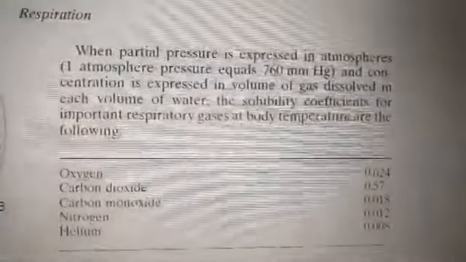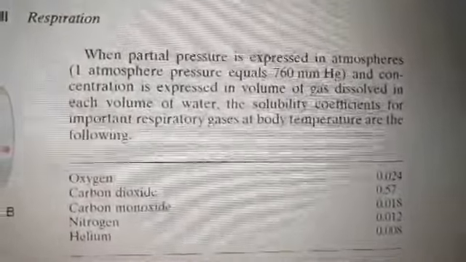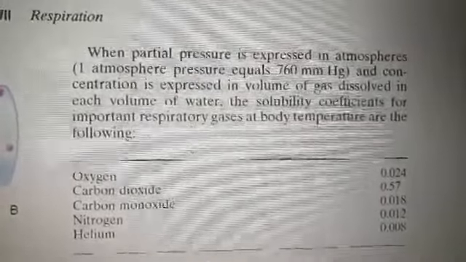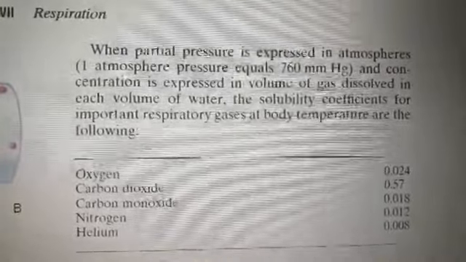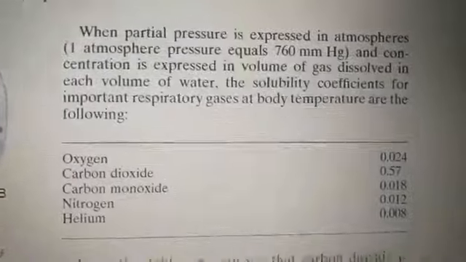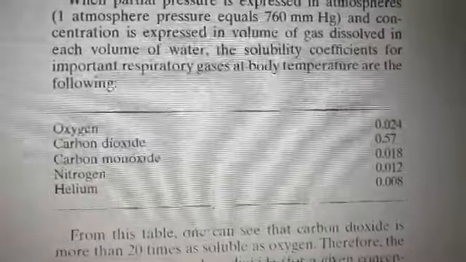And you can see here, when the partial pressure is expressed in atmosphere, one atmosphere pressure equals 760 millimeter of mercury, and concentration is expressed in volume of gas dissolved in each volume of water. The solubility coefficients for important respiratory gases at body temperature are the following. So you can see here the solubility coefficient of oxygen and carbon dioxide.